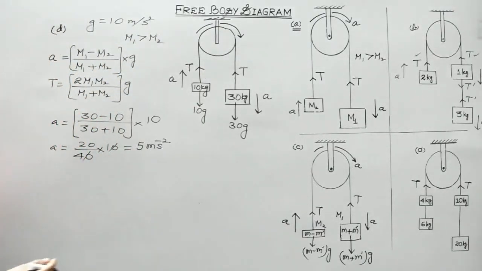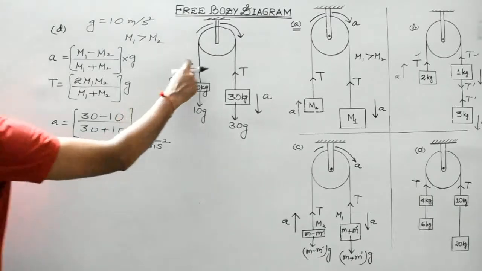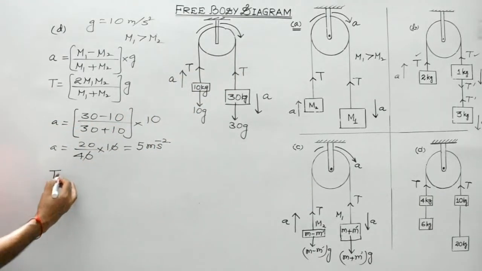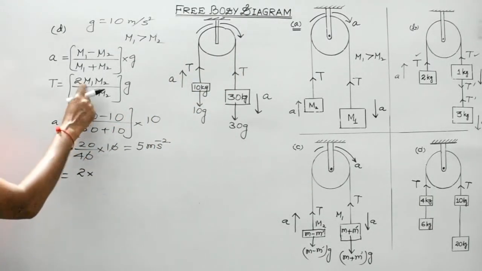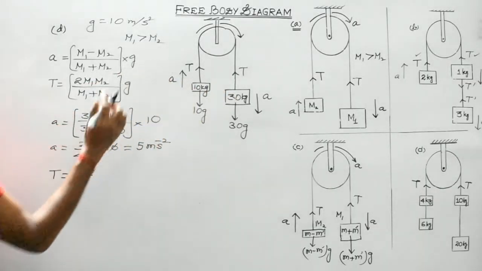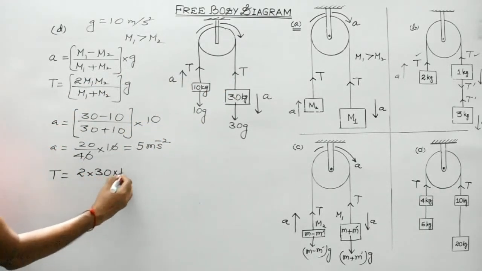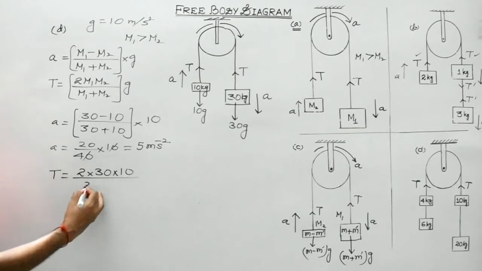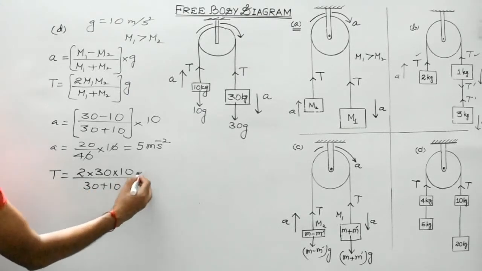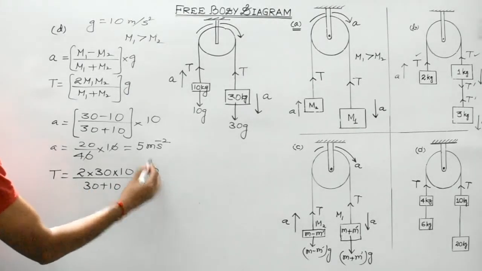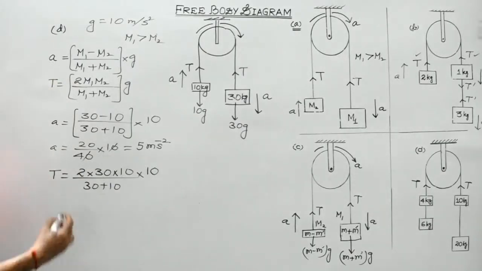Right? Now let's find out the tension in the string. It is twice into m1 m2. m1 is 30, m2 is 10. Twice into 30 into 10 divided by 30 plus 10, into g.